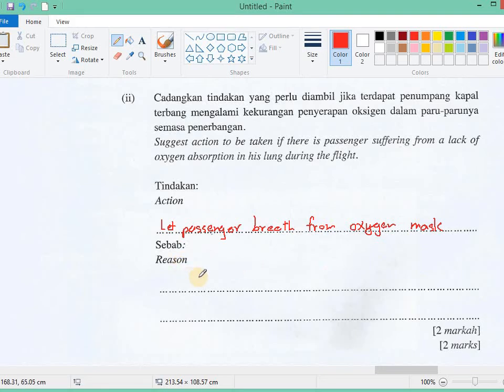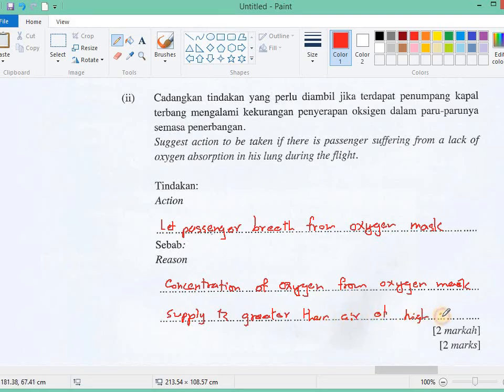So the concentration of oxygen from the oxygen mask supply is greater than air at high altitude. Alright.